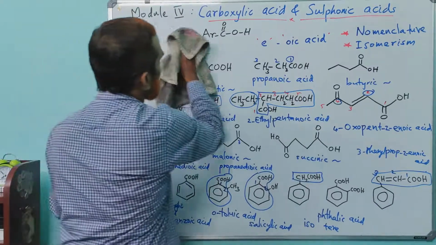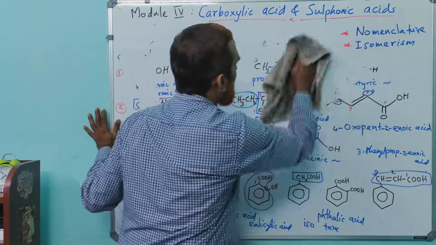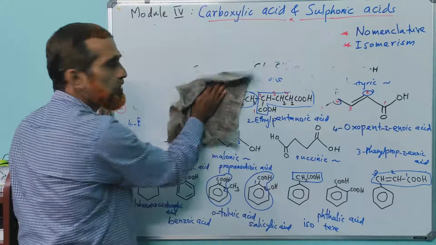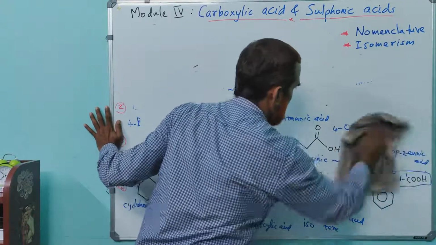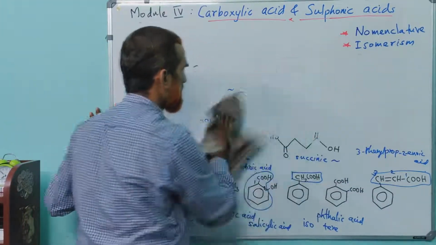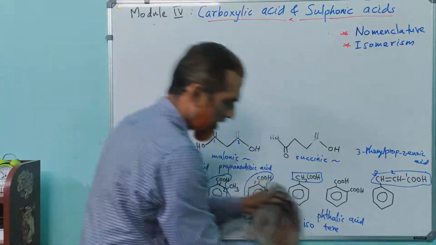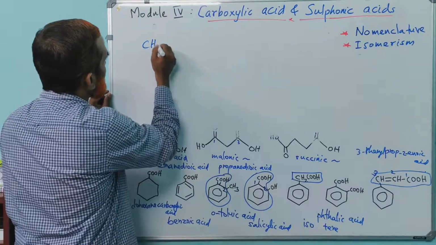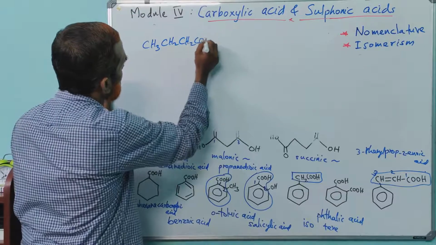Now we will discuss one example for isomerism. See, there are different types of isomerism. Here we discuss only the structural isomerism shown by carboxylic acid. Let me take a simple example, that is this one: CH3CH2CH2COOH.